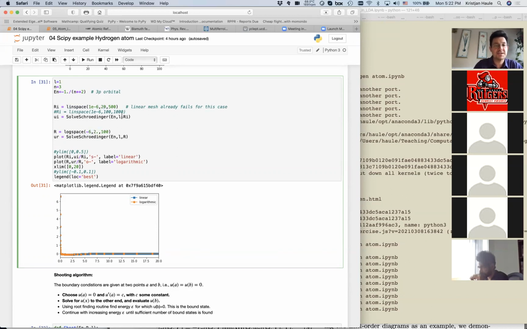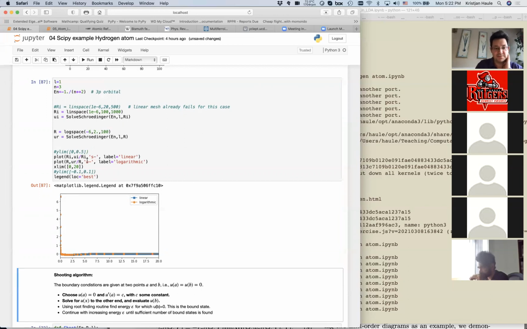This would correspond to this mesh. So 10 to the minus 6 to 2 in log space is the same as 10 to the minus 6 to 100. And in linear space, we use 1,000 points. I want to demonstrate that if we use in logarithmic space only 100 points, we get basically an identical solution.